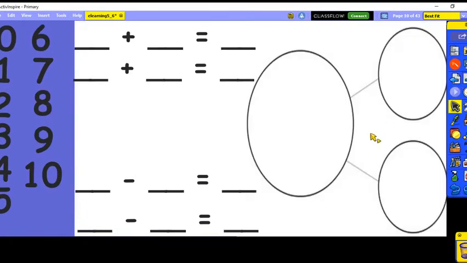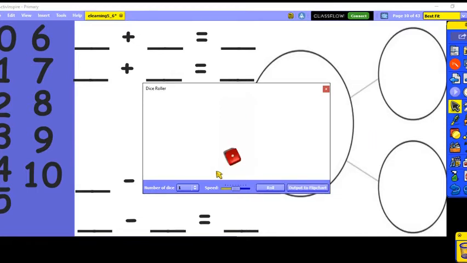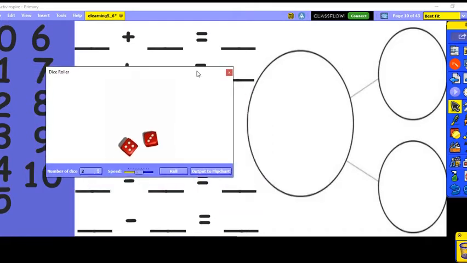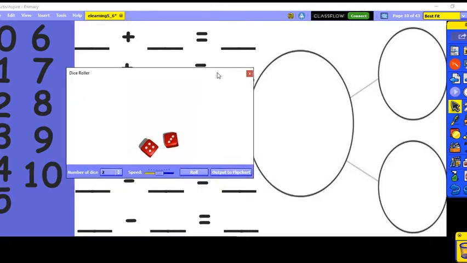Okay, I have a little fact family game for us to play with dice, and we're going to use 2 dice today. And whatever we roll is what we put in our number bond over here.